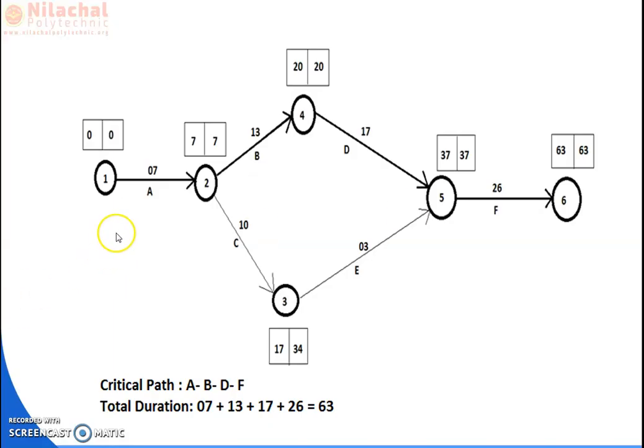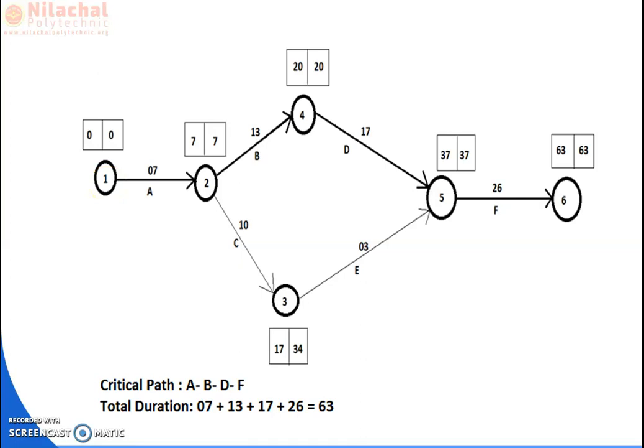In this network diagram, for activity A, 1 to 2, there is a start event and an end event. The end event is known as the tail event and the first event is known as the head event.